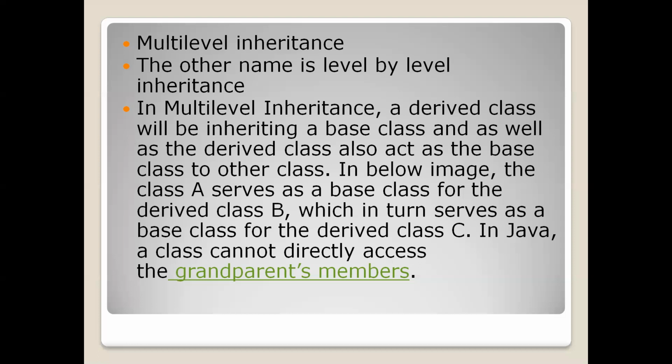If you have your grandfather, and your father is the son of your grandfather, and you are the son of your father, then that type of inheritance is called level by level inheritance or multi-level inheritance.